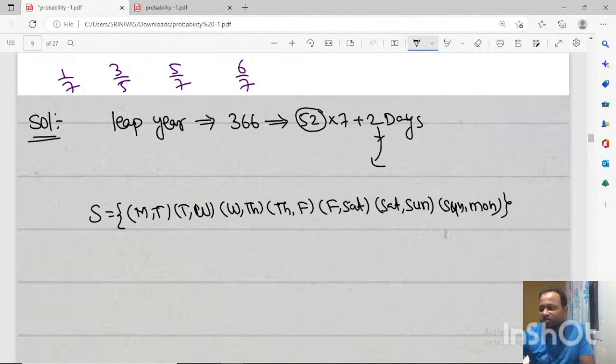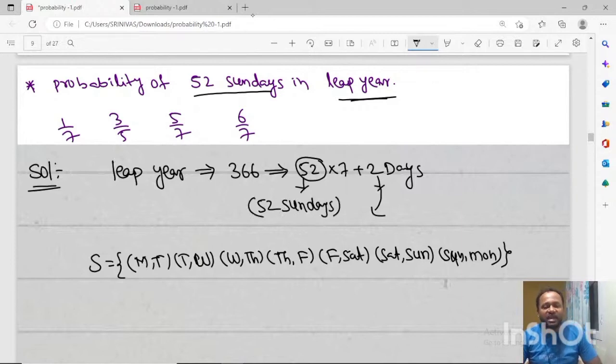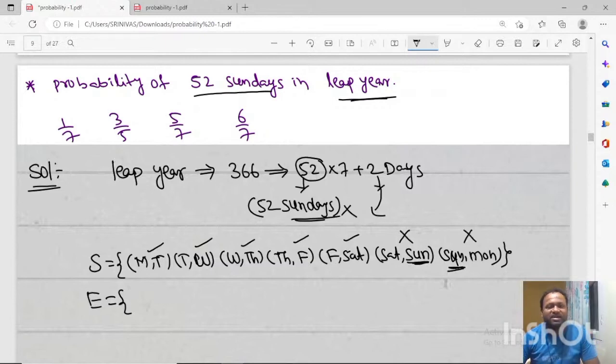But in my question what was given? 52 Sundays means it will have 52 Sundays. 52 Sundays already came. Now what is my favorable? I don't need Sunday. No need of Sunday means I will take 1, 2, 3, 4, 5. Here Sunday I won't take. Here Sunday I won't take.